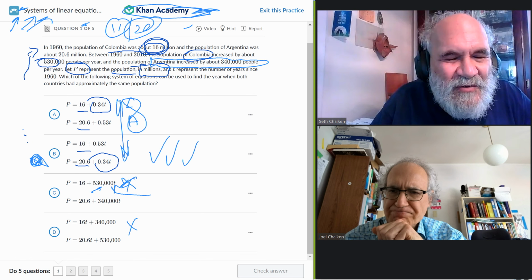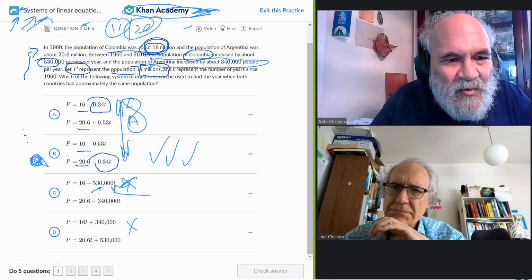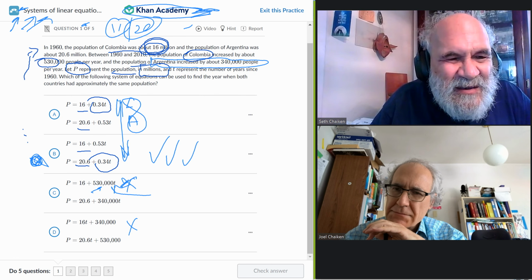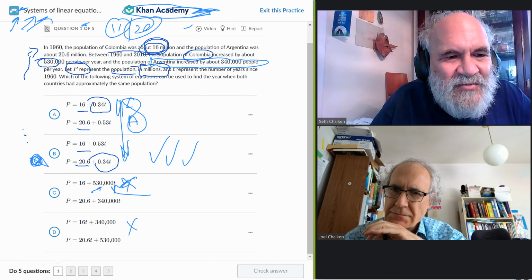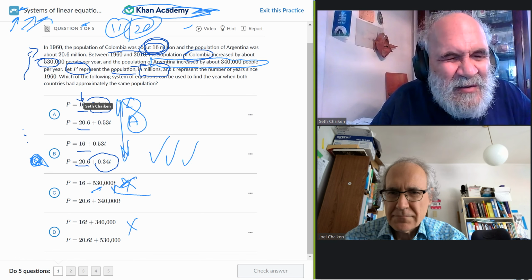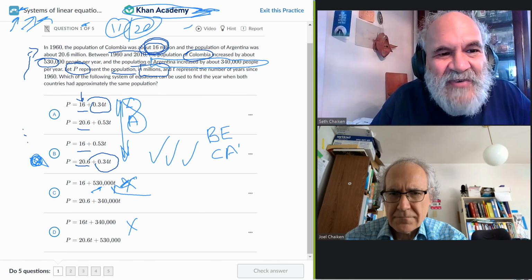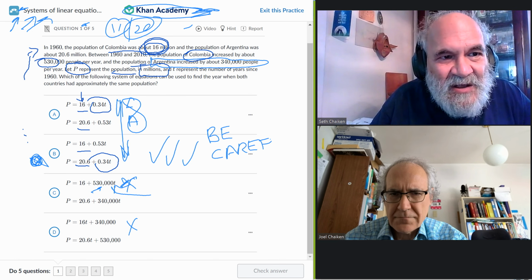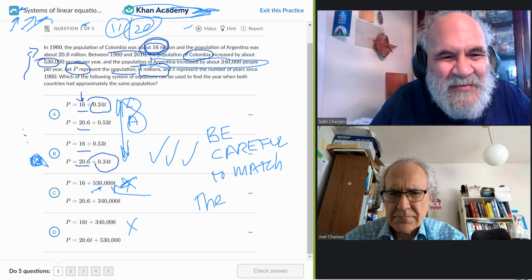So since this starts with a 16, the 16 must be included in Colombia's function. And in Colombia, the increase is about 500,000 per year, and this is about a third, so that's wrong for Colombia. So it has to be this one.